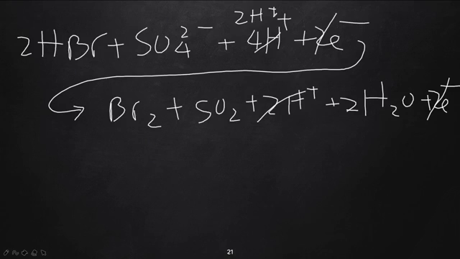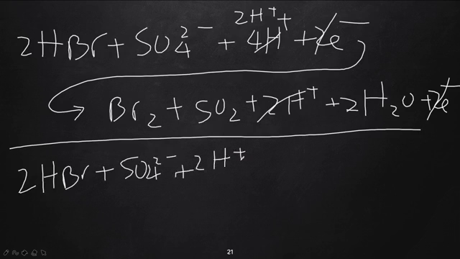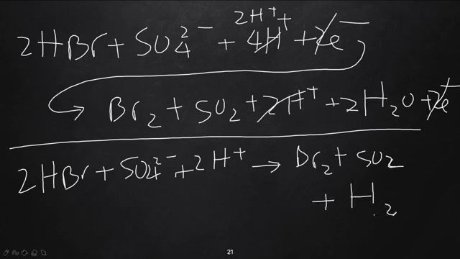So we combine the two equations now. That's 2HBr plus SO4 2- plus 2H+ should end up giving us Br2, bromine liquid, plus SO2, sulfur dioxide, plus 2H2O.